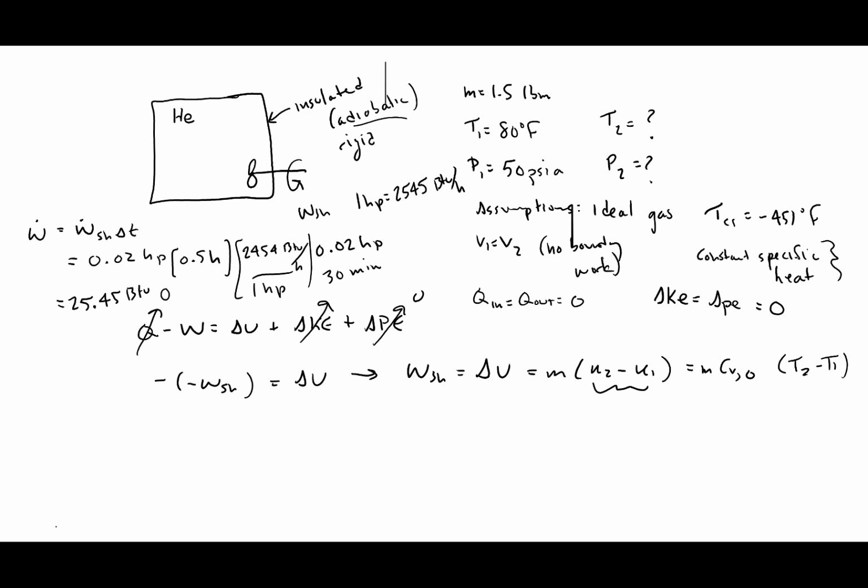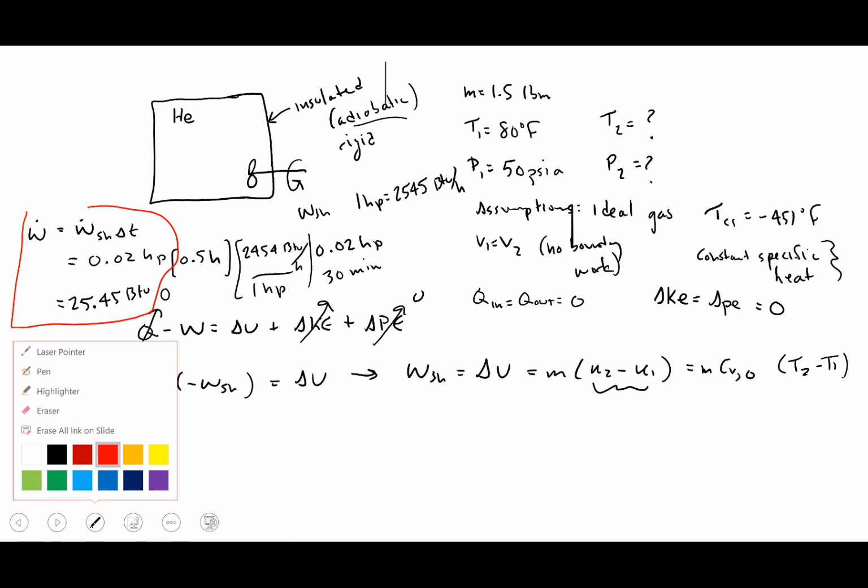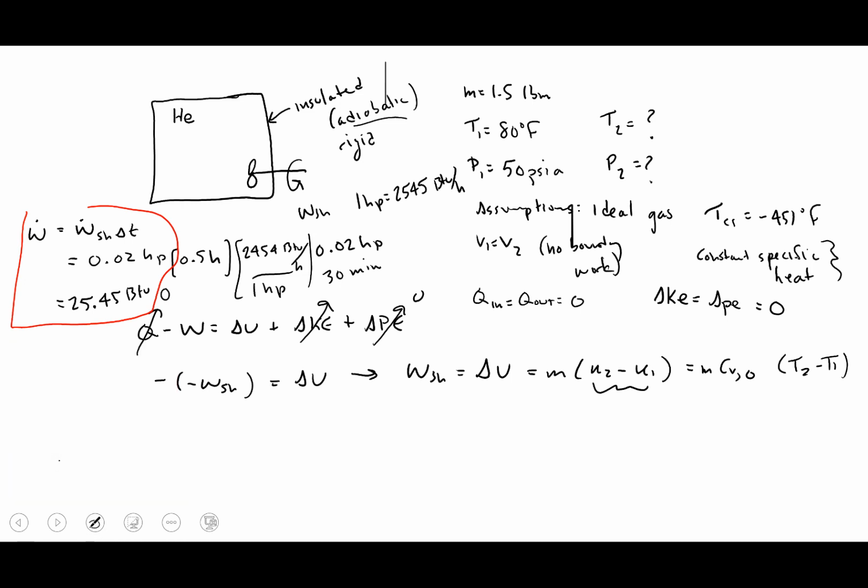Basically, we have the work. What we're looking for, though, I'm just going to circle this, is T2 and P2. We can calculate T2 because we know the shaft work, and we know the mass because it's given. Well, actually, let's just rewrite this. The shaft work is equal to mass Cv naught (T2 minus T1).